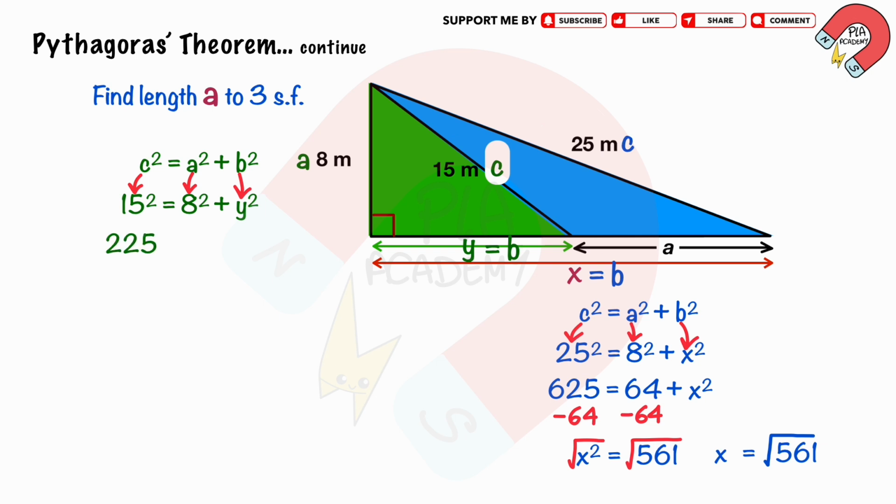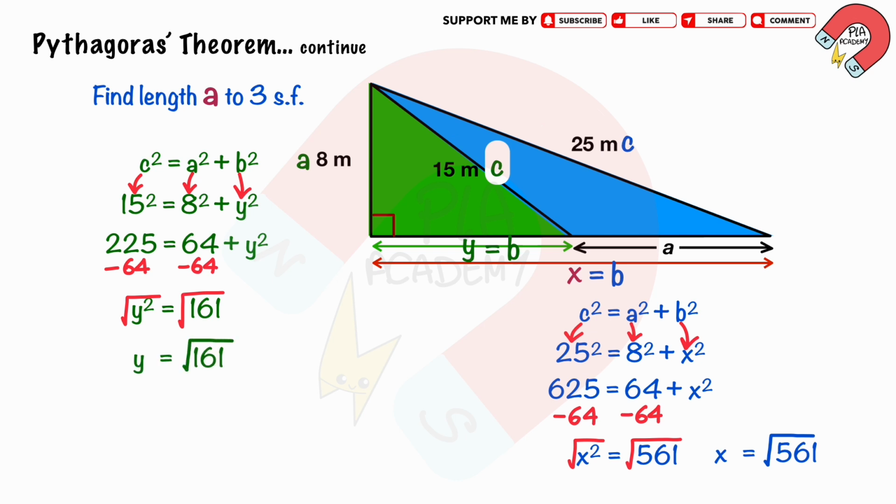So 225 equals 64 plus y squared. Subtract 64 from both sides, so y squared equals 161. Take the square root of both sides, so y equals square root 161.